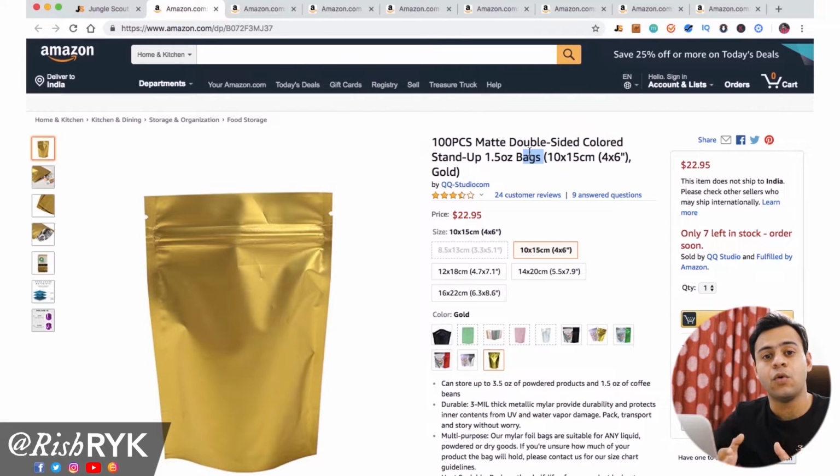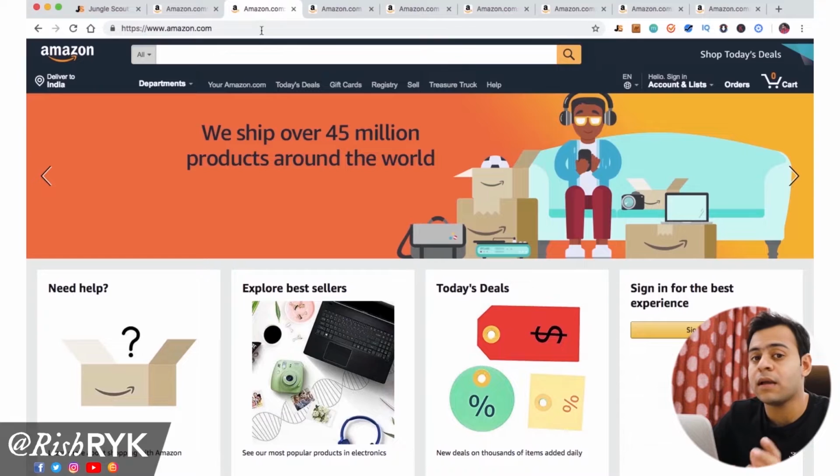So that is the goal of finding out the broadest keyword and searching it on amazon.com. So let's do it. I believe the broadest keyword for this product would be stand-up bags. Let's first try that. If it doesn't work, then we will spend some more time and energy over there.